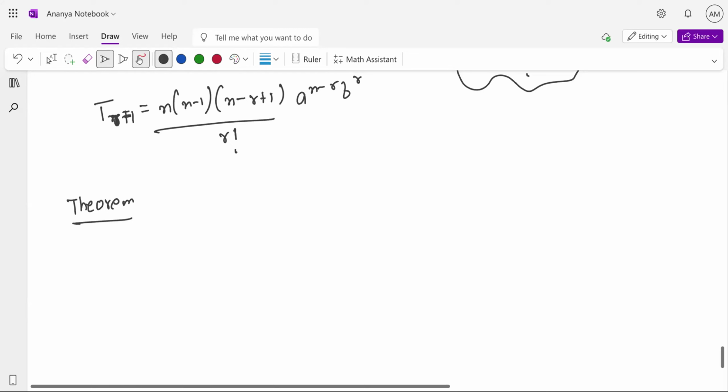If I'm having some real value of n, you know what is meant by real value? Yes, sir. The first theorem states that in whatever formula we use for the binomial expansion, if I have some real value of n and a is equal to 1, meaning the first parameter I am taking is unity.